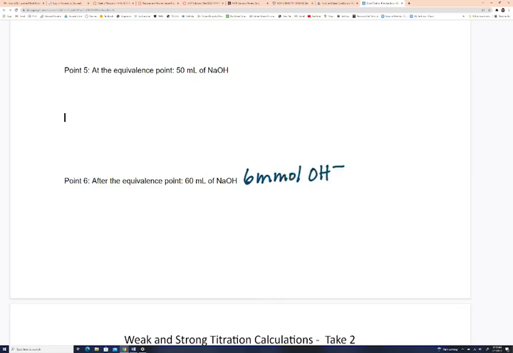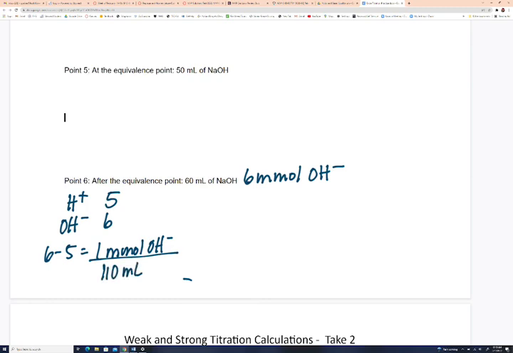So then we know that hydrogen started with 5 from the beginning of the problem, and hydroxide has got 6. So 6 minus 5 is 1 millimole of hydroxide that is left over. Let's go ahead and divide that by our new volume of 110 milliliters, 60 plus the original 50, and that's going to give me a concentration of 0.0091 molar.